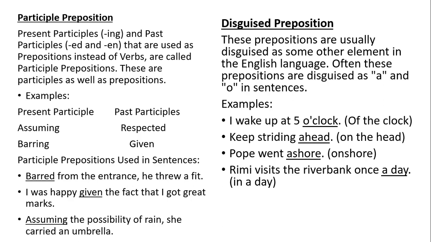So when we say I wake up at 5 o'clock, clock is a complete whole, right? It's like a circle. They have numbers on this circle. আমাদের ঘড়ির মধ্যে তো নাম্বার দেওয়া থাকে 1 থেকে 12 পর্যন্ত, তাই না? So when we say I wake up at 5 o'clock, that means 5 of the clock.